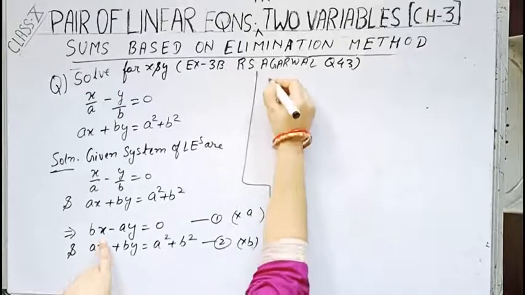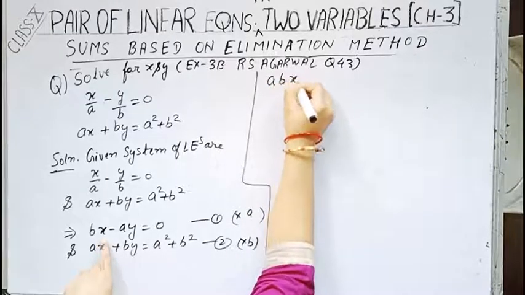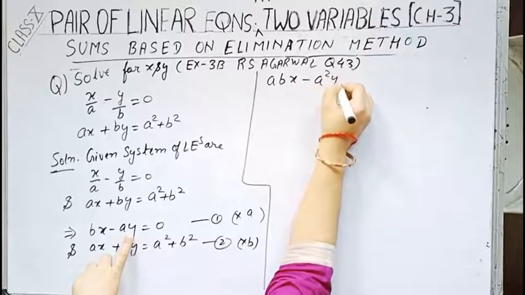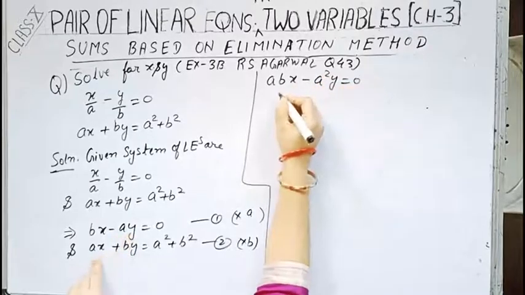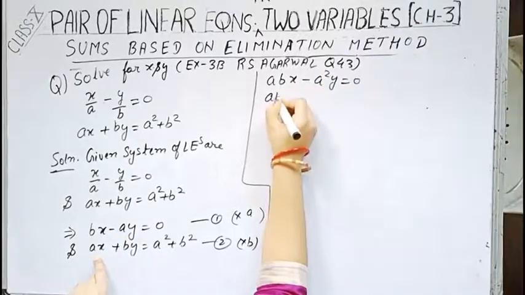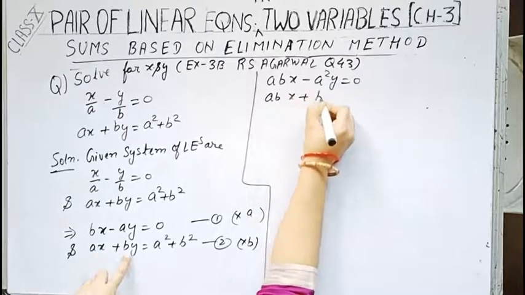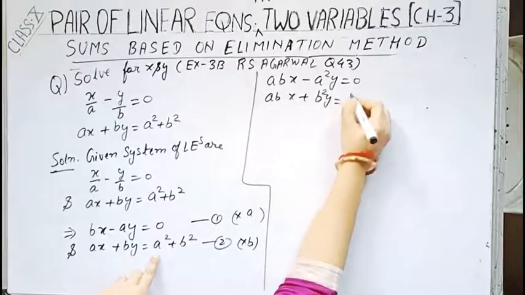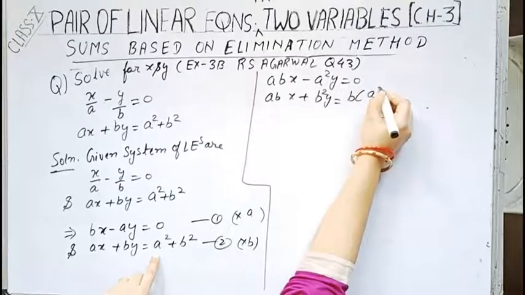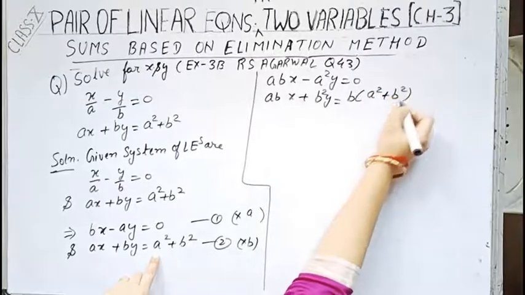Multiplying this with a: abx minus a square y equals 0, and multiplying this with b: abx plus b square y equals b into a square plus b square.